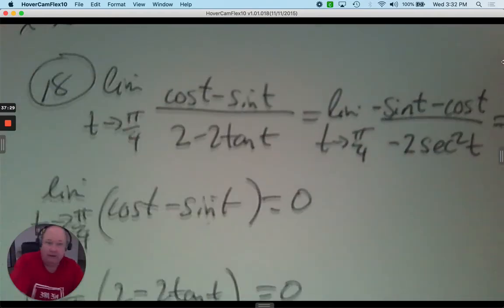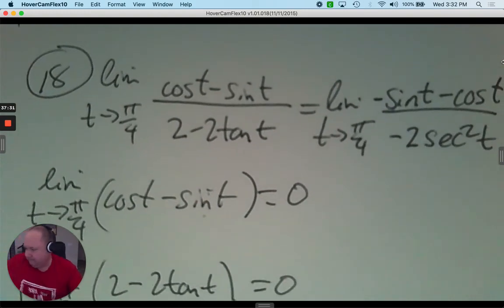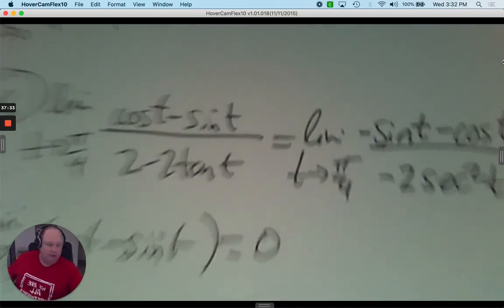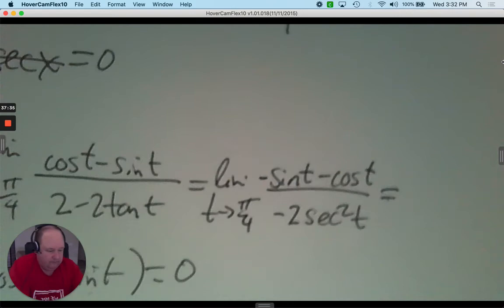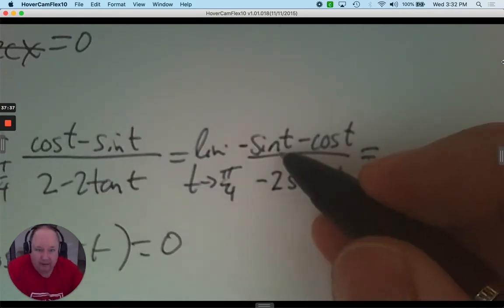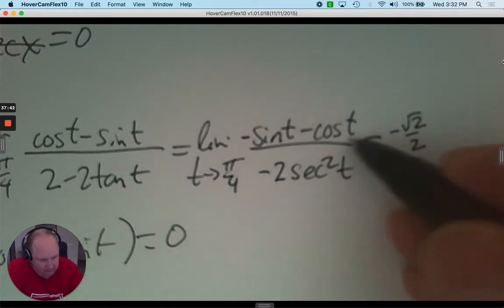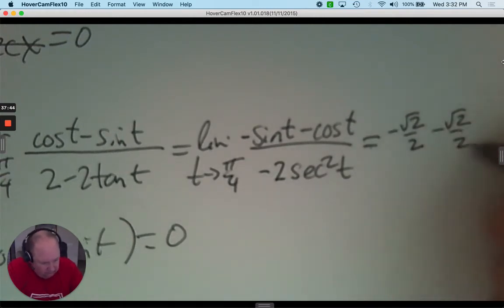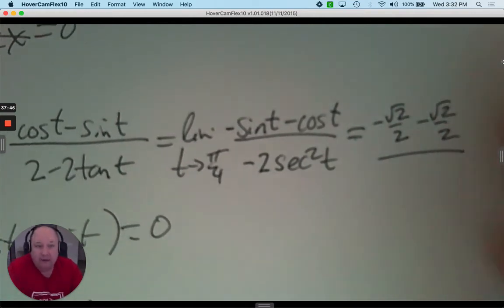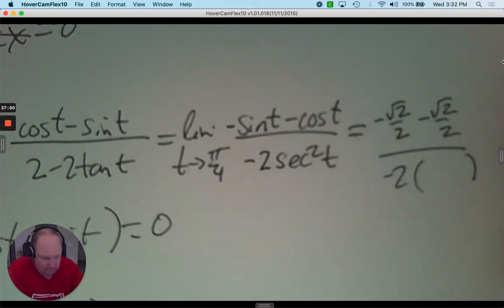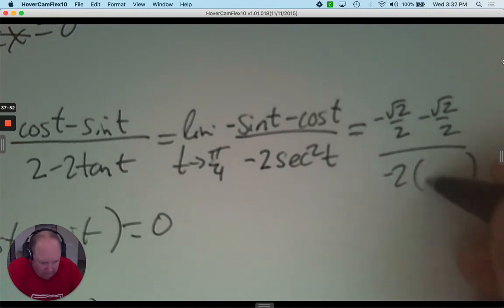Now we're going to plug in again. So plug in pi over 4. That is root 2 over 2. Plug in pi over 4. That's also root 2 over 2. Plug in for secant. So it's the reciprocal. So it's actually root 2 squared.